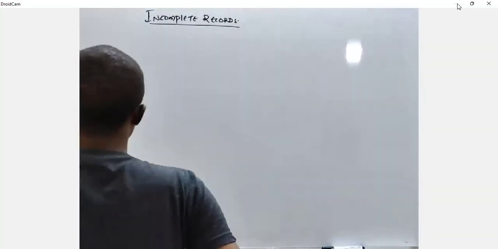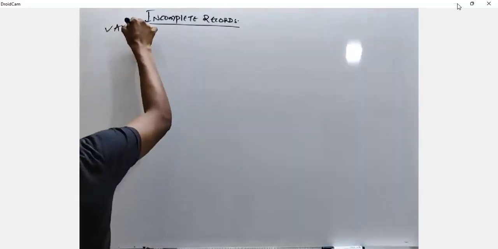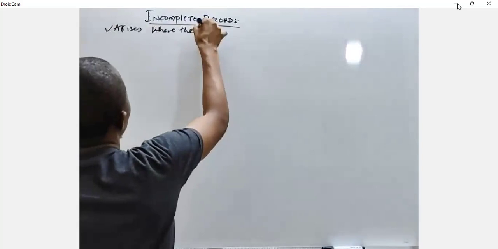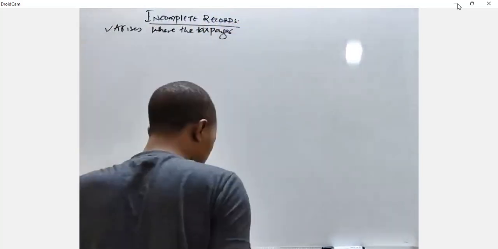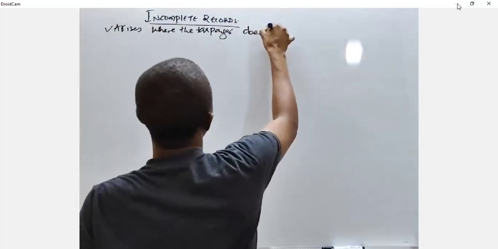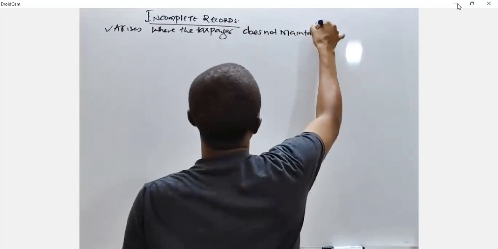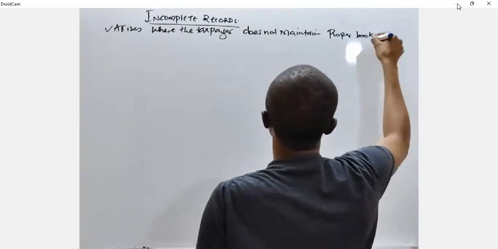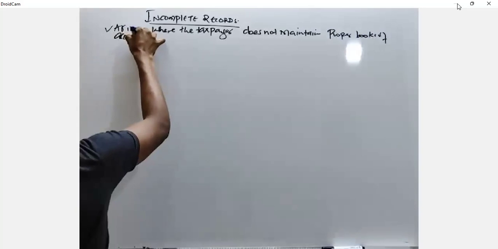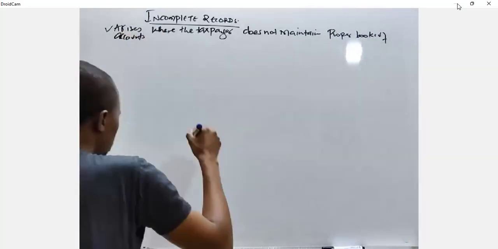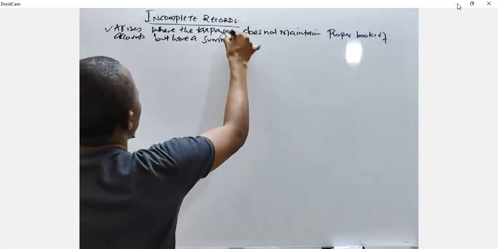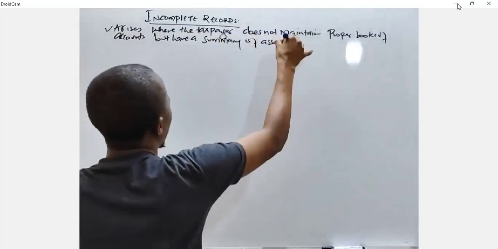Now, let me elaborate a bit. Incomplete records arise where the taxpayer does not maintain proper books of accounts, but has a summary of assets and liabilities.